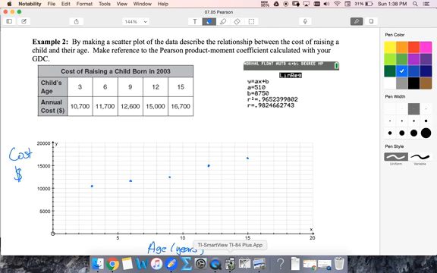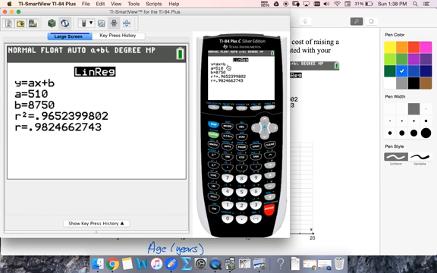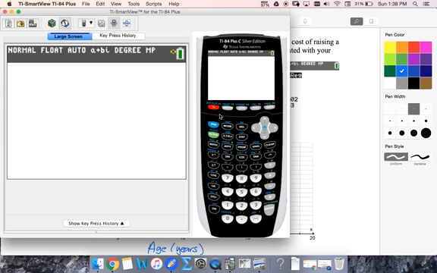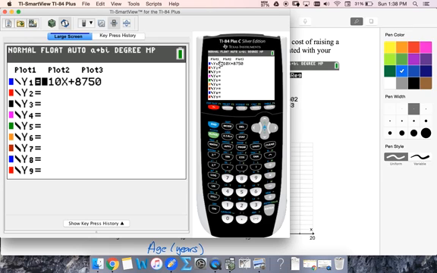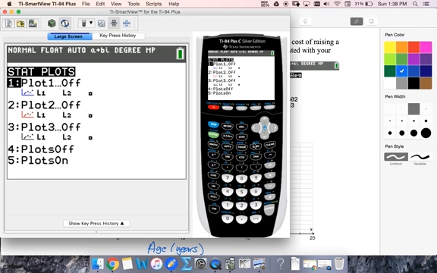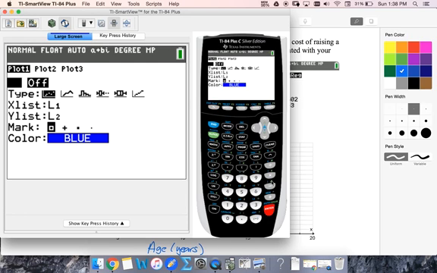Let's look at the picture of that, because remember we stored our equation. So here's the equation, y equals ax plus b, so y equals 510x plus 8,750. I want to go into y equals, and so I've got this. I want to look at the plots, so I'm going to go second y equals, and turn the plots on.